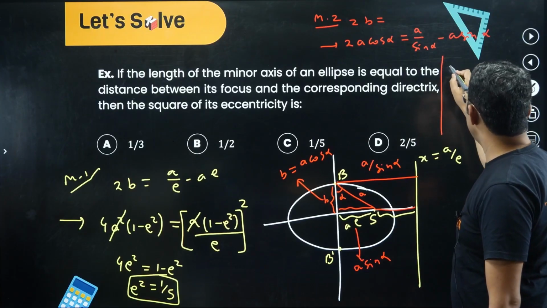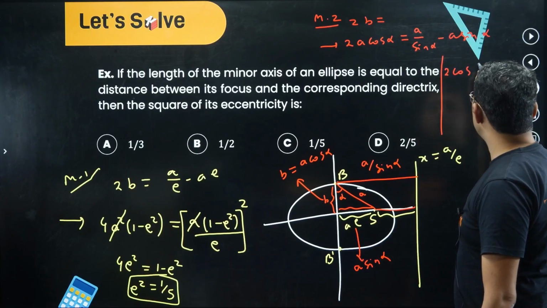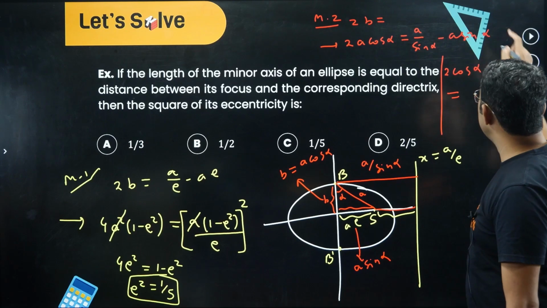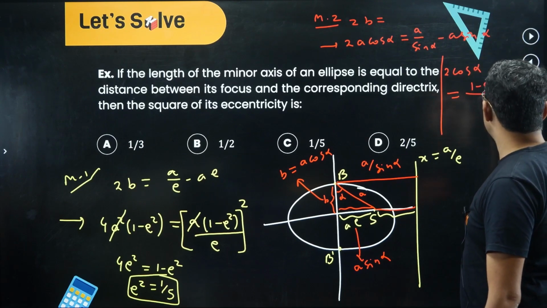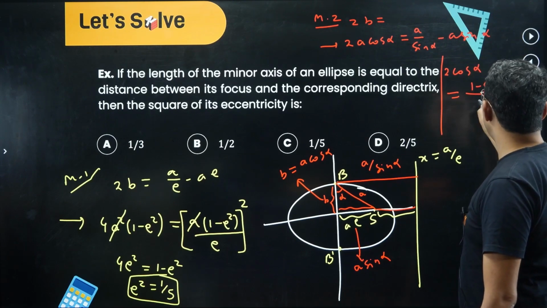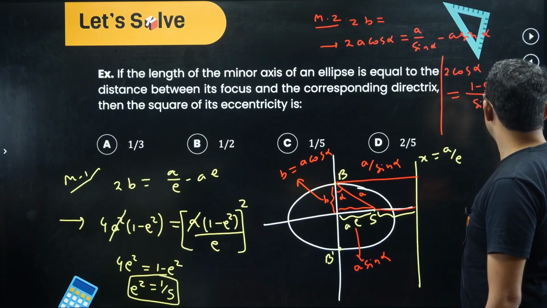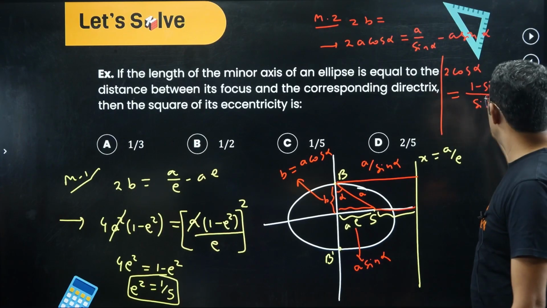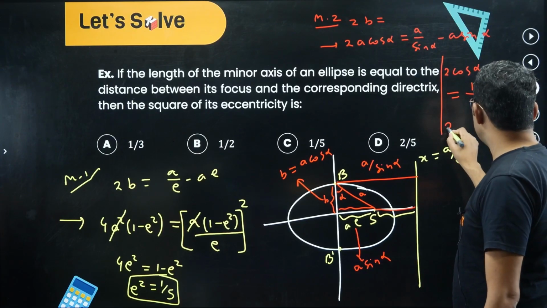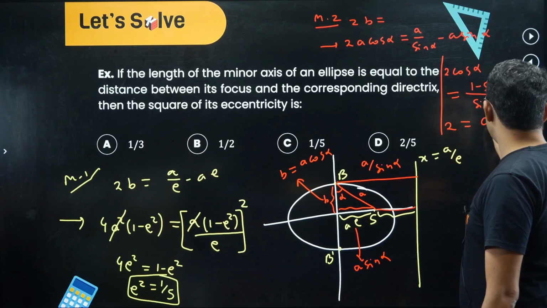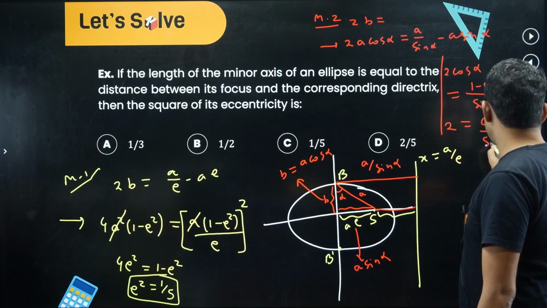You can cancel a, so you will be left with 2 cos alpha on the left hand side. On the right hand side, it will be 1 minus sine square alpha upon sine alpha, so this will become cos alpha. The cos alpha you can cancel, so that will be 2 is equal to cos alpha upon sine alpha.